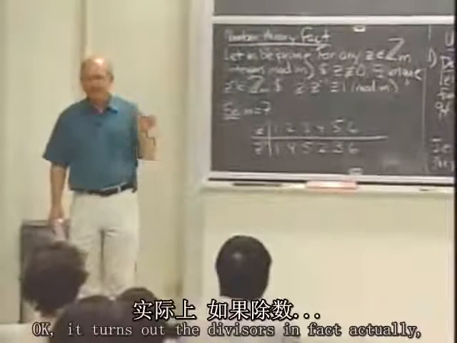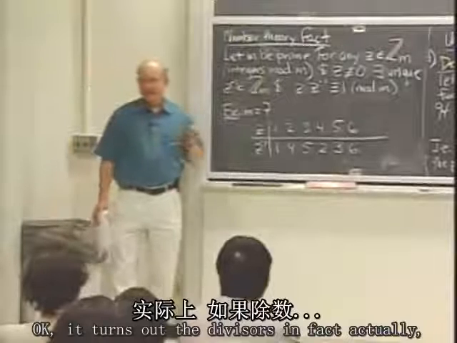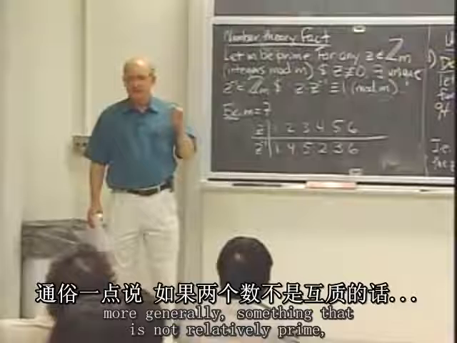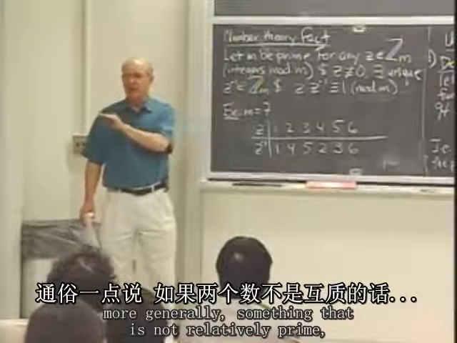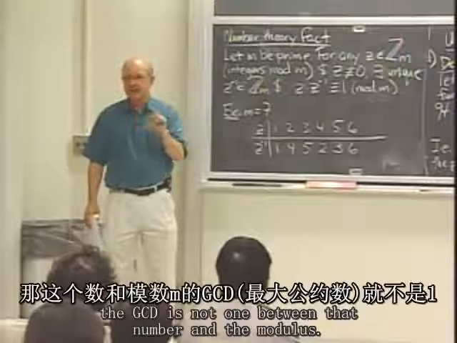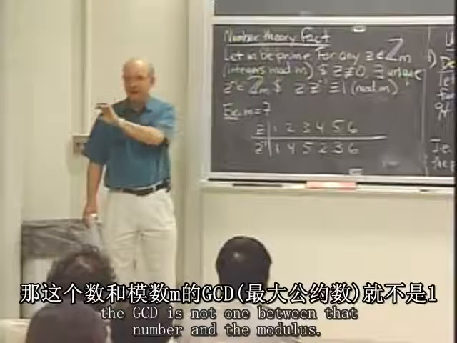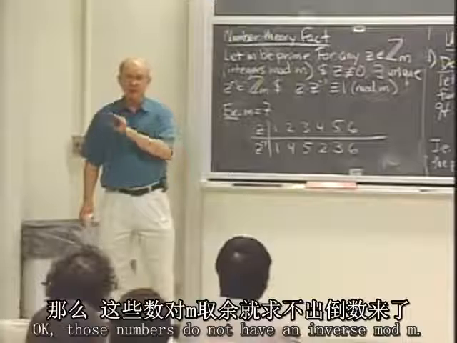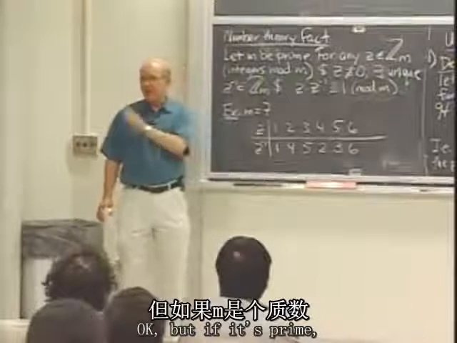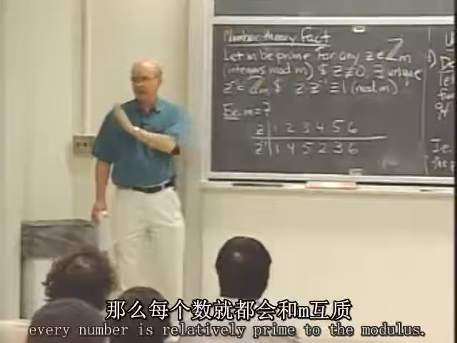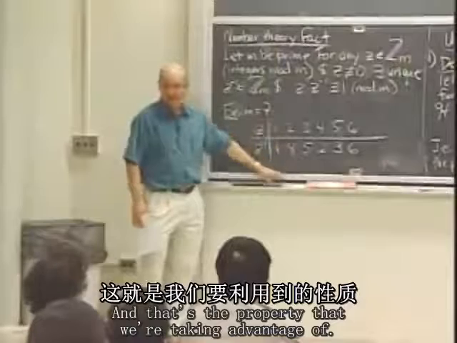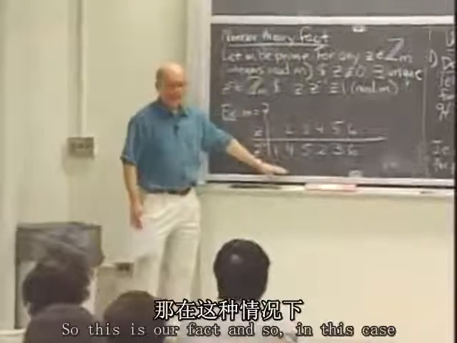It turns out the divisors, in fact, more generally, something that is not relatively prime, meaning that it has no common factors, the GCD is not 1 between that number and the modulus, those numbers do not have an inverse mod m. But if it's prime, every number is relatively prime to the modulus, and that's the property that we're taking advantage of. So this is our fact.